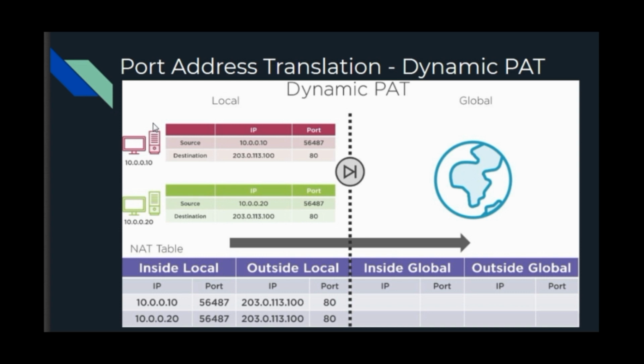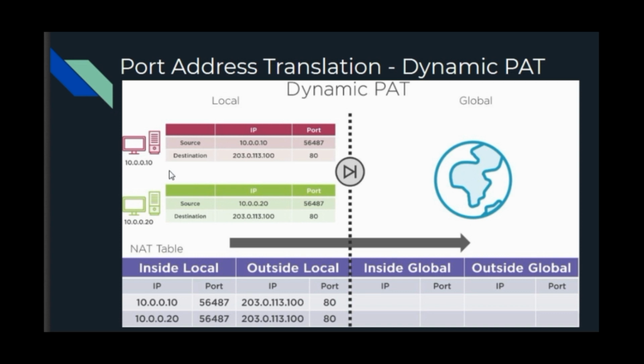The firewall changes the source port, it doesn't matter whether it's TCP or UDP, replacing it with another port. This port mapping is kept in a table. When the firewall receives traffic from the internet, it refers to the table which kept the port mapping and forwards the packet to the original sender.